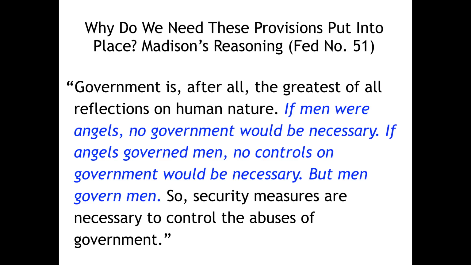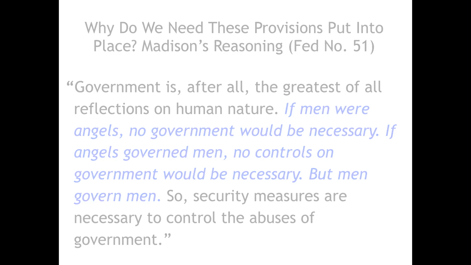There are in the present no angels that would influence the conduct of politicians. And so consequently, Madison talks about the security measures that are necessary to control the abuses of government, thus underlining the six core principles of the Constitution.